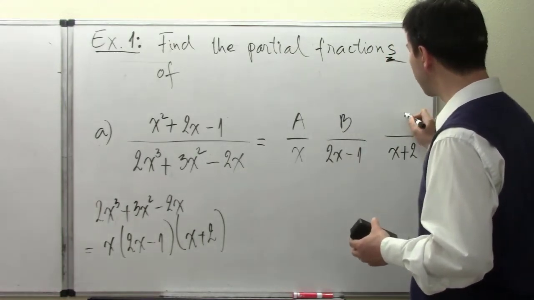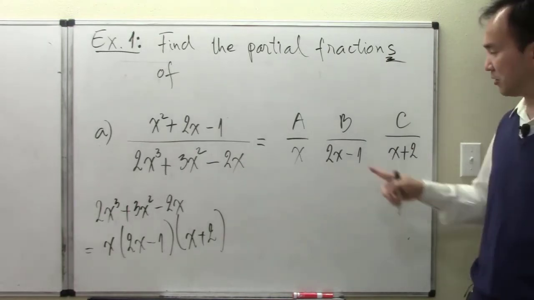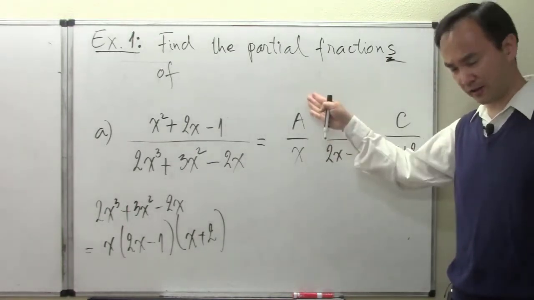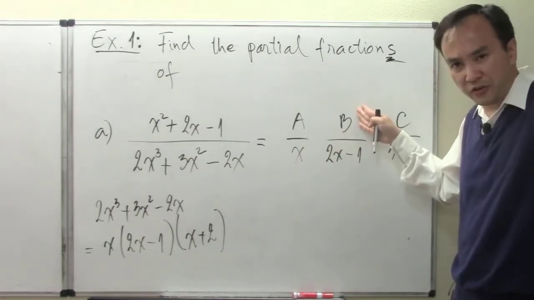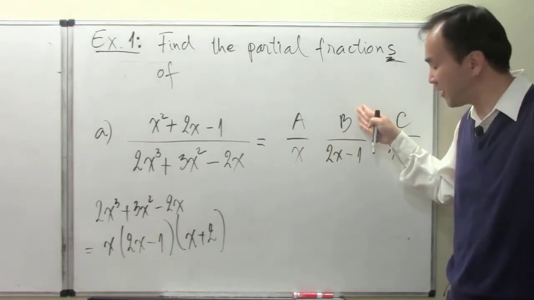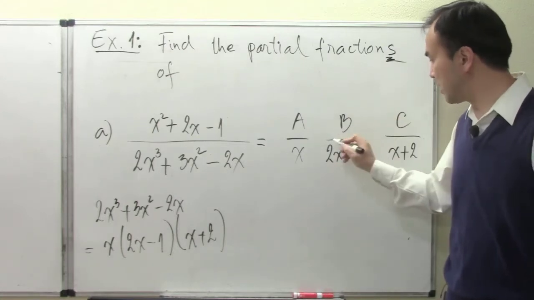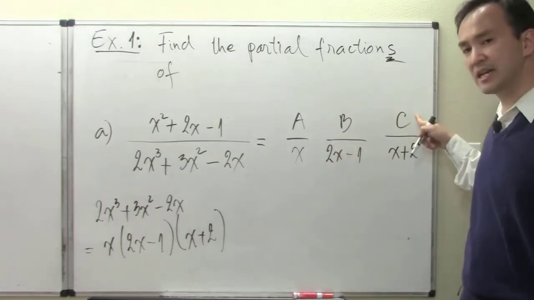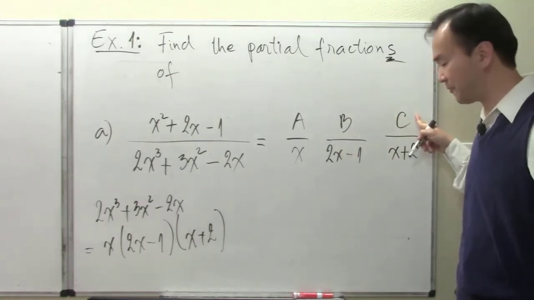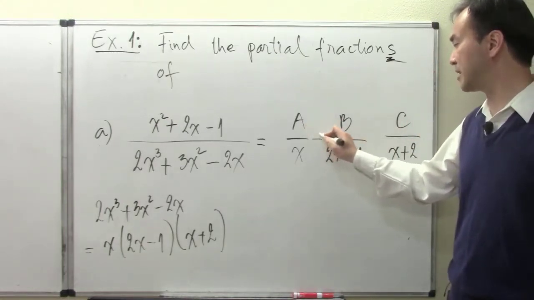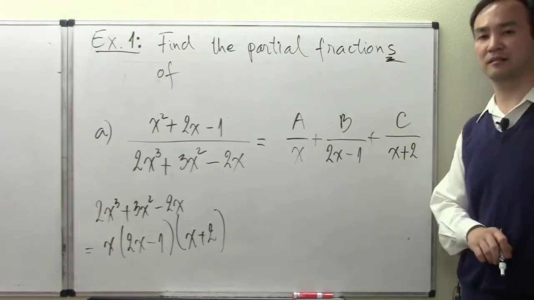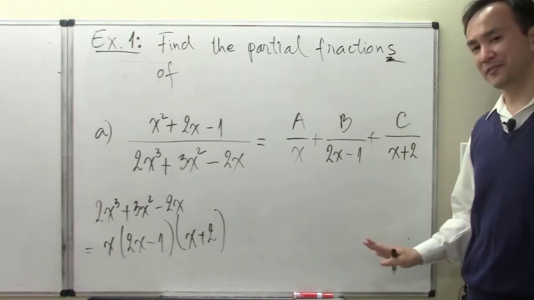I need a third coefficient on top of that. So A is what I call the coefficient on top of x. B is whatever coefficient, and we will be leading our way to find these, but B will be on top of the 2x minus 1. And C will be the third coefficient on top of x plus 2. And these are all being added together. Okay, so that's the first step right there.